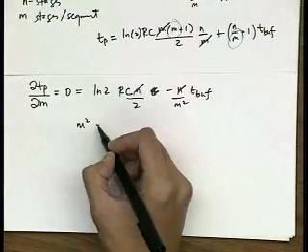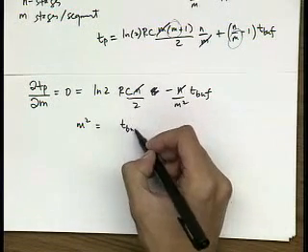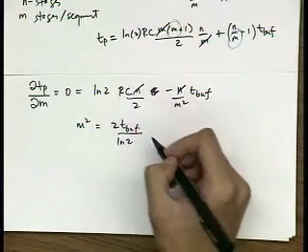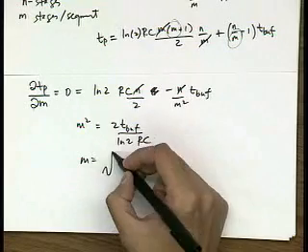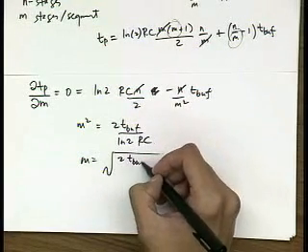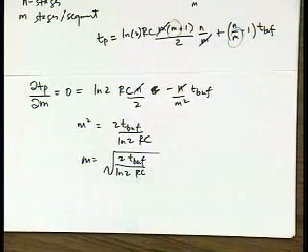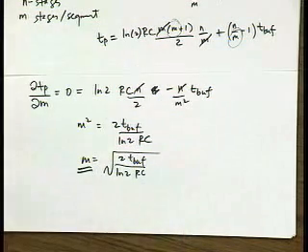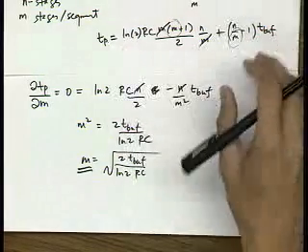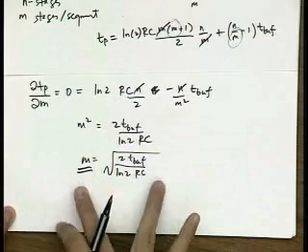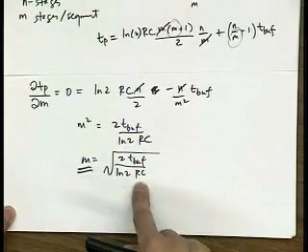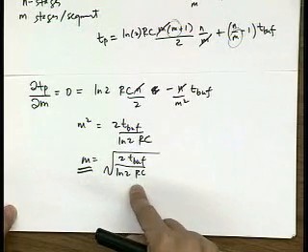You get m squared is equal to t_buff over (ln2 times RC over 2). So m is the square root of 2 t_buff over ln2 RC. So you get some sort of optimal number of stages per segment. Actually, this is interesting: this does not even depend on n. It only depends on the delay of the buffer and the resistance and capacitance of my chain.